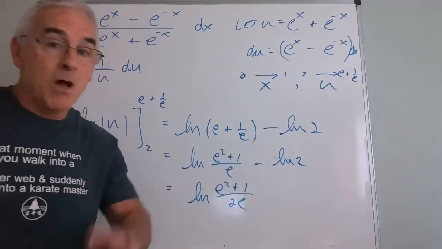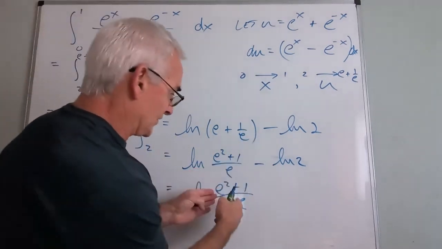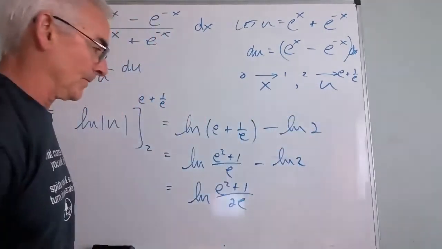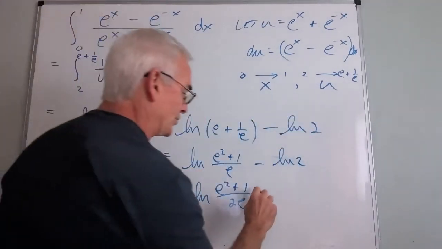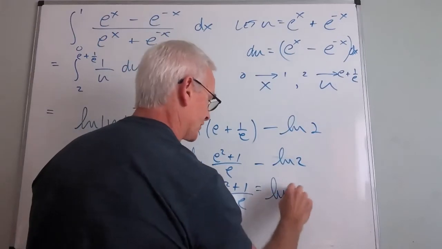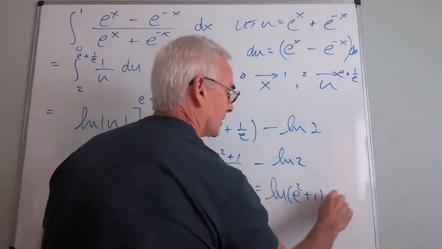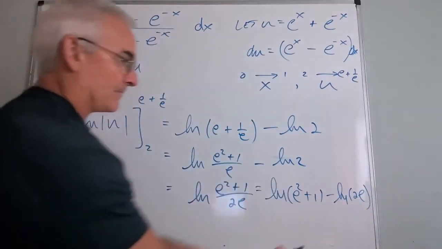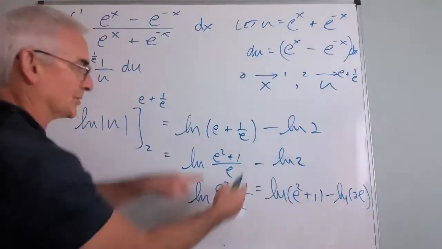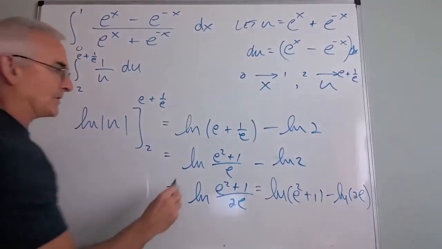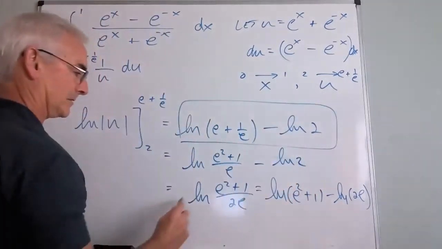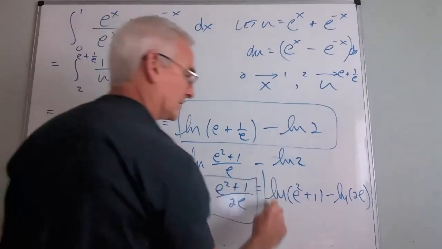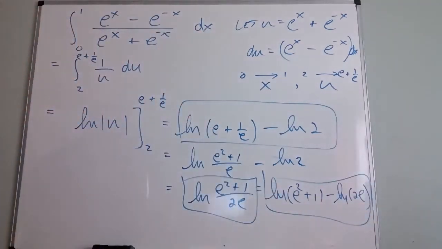Now, I don't know if you would say this answer is superior to this answer, but this is a log of a quotient, so I could actually also write this as, in other words, I can move that e over there. Difference of logs, log of the quotient, or just leave it alone. They're all equal.